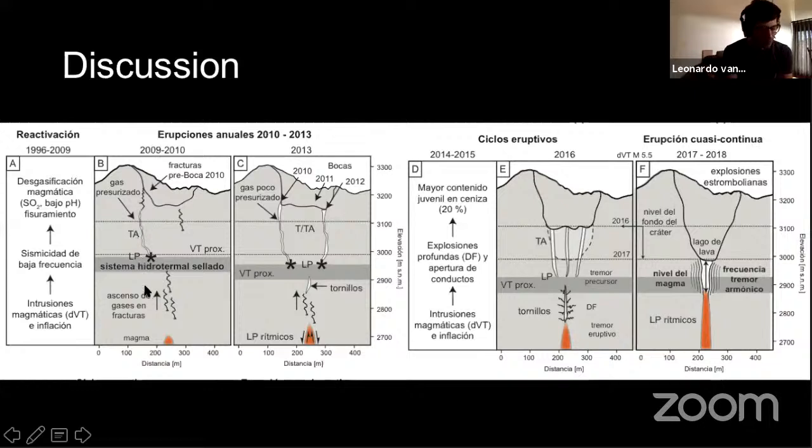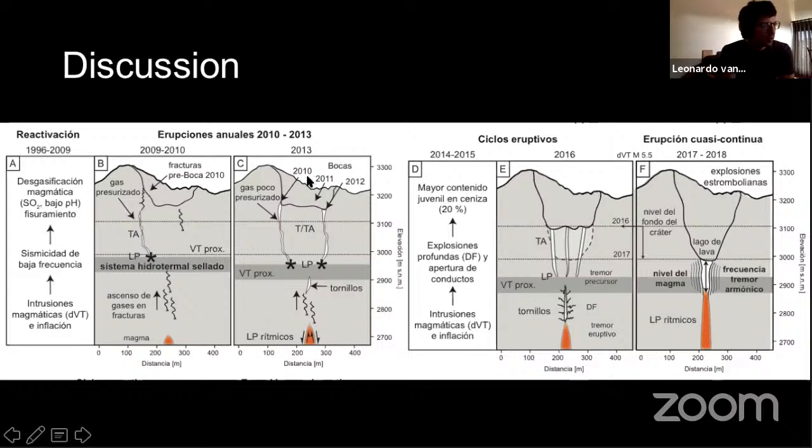And then the harmonic tremor is the circulation, the flow of those gases that are liberated through the cracks that connect to the surface.